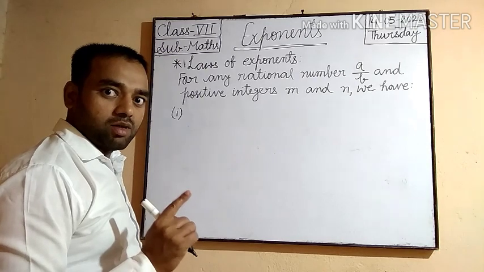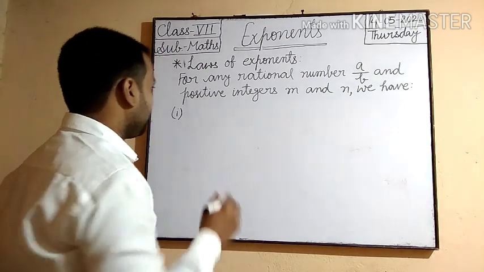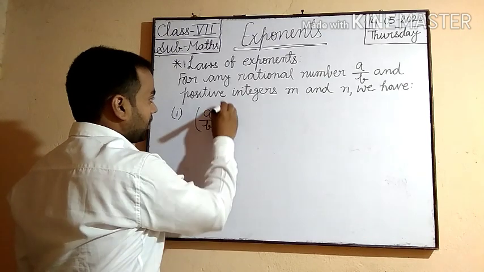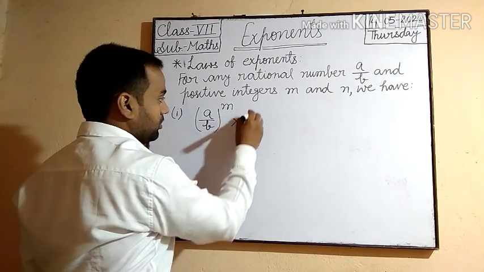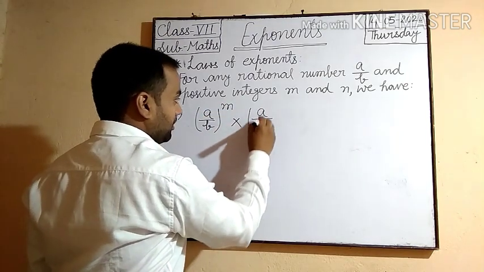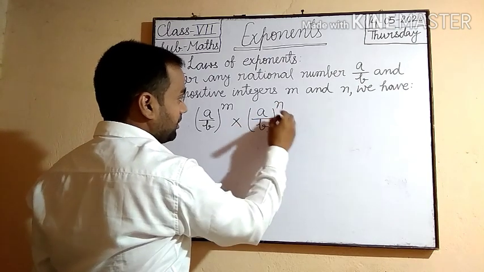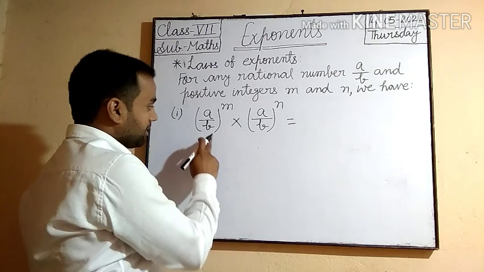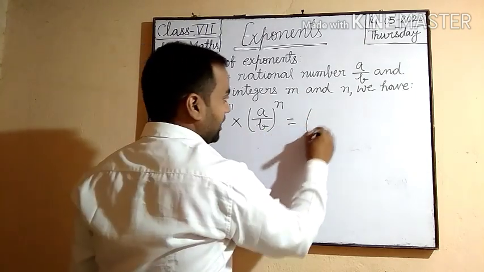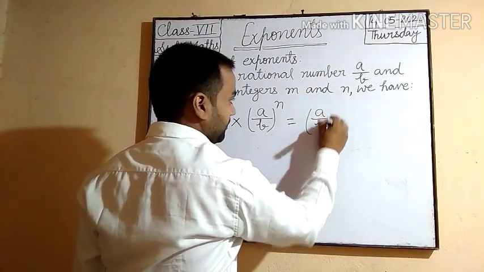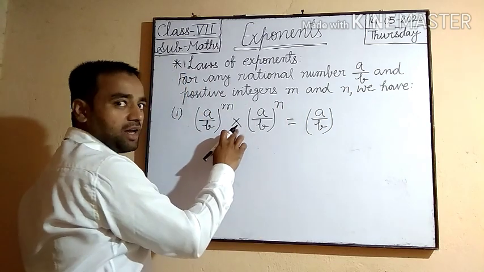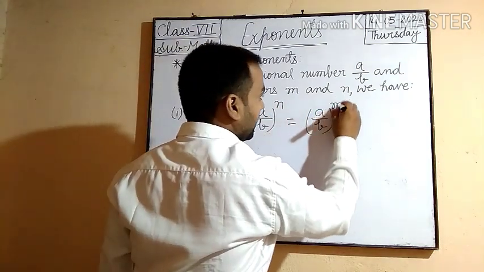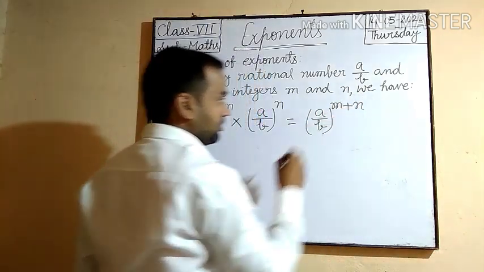All students remember this law: (a/b) power m into (a/b) power n is equal to... Always remember, here the base is the same. Write the base a by b. When both terms are multiplied, the powers will be added, meaning write m plus n.